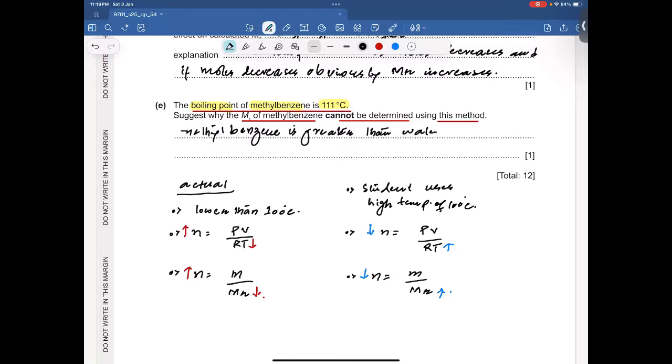My bad. Methyl benzene has a higher boiling point than water, so it will not fully vaporize at 100 degrees Celsius.